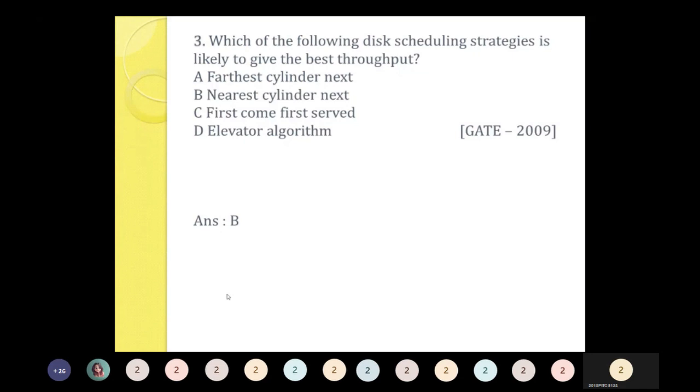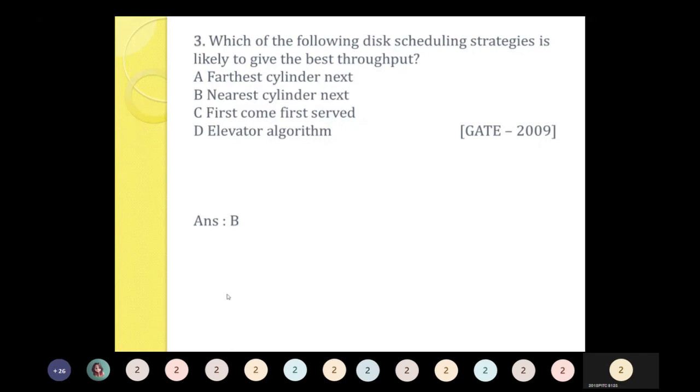Throughput is nothing but the total amount of work done in a given time. You can do 10 works in 1 hour, or 20 works in 1 hour. So this is the throughput. Here, for the best throughput, nearest cylinder next, that is SSTF, gives the best solution.